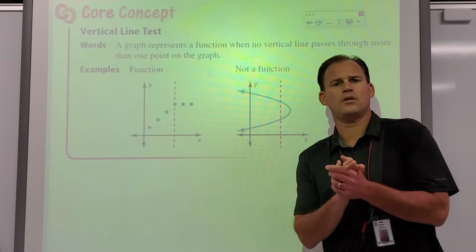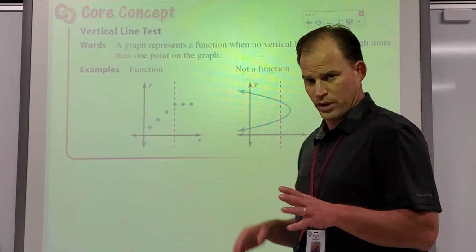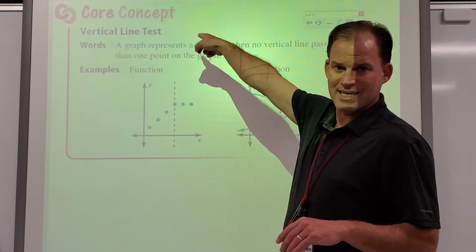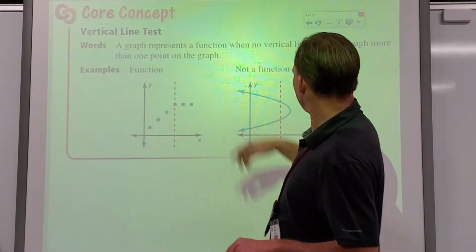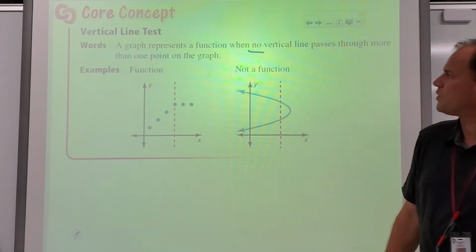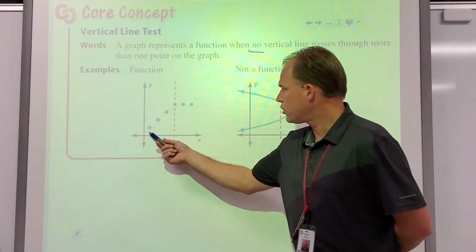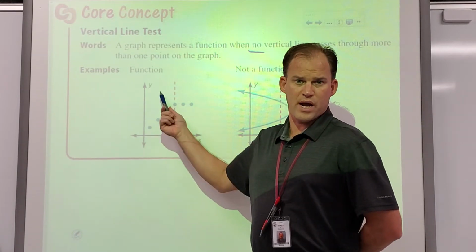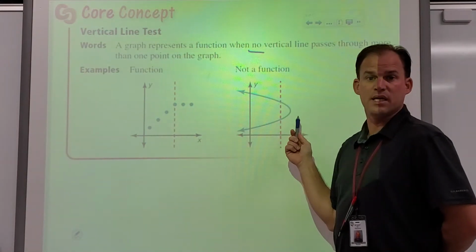So let's talk about looking at these graphically a little bit more in depth. Write this down. It's called the vertical line test. A graph represents a function when no vertical line passes through more than 1 point of the graph. So it could be a graph of a bunch of dots, called a discrete graph, or it could be a curved graph, continuous.